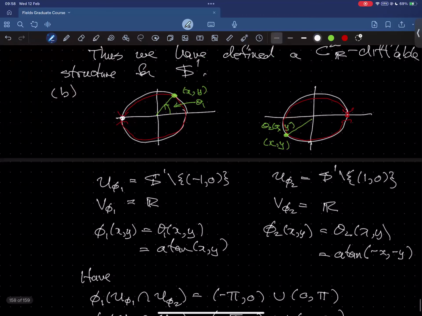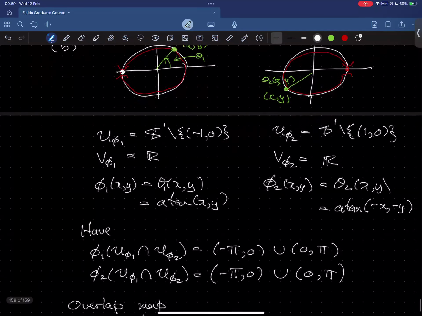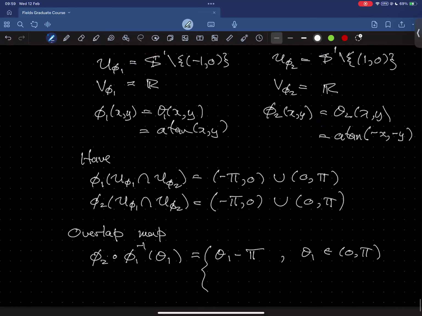Okay, good. Now I need to take a point corresponding to angles theta 1 which are down here. So these ones are from minus pi to 0, and here these angles go from 0 to pi. And so theta 2 should be theta 1 plus pi, I think.